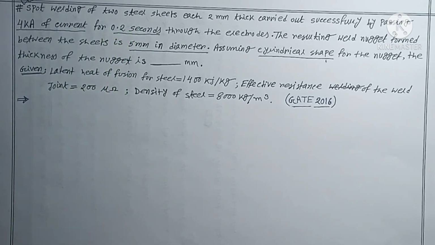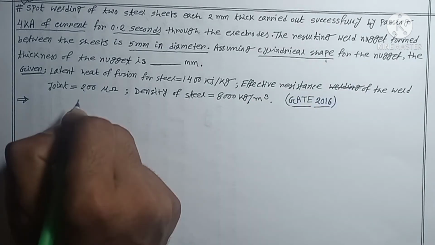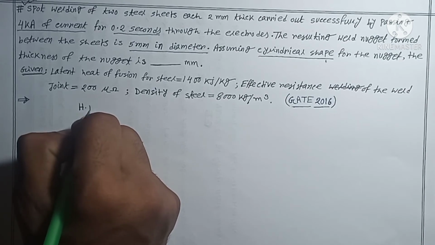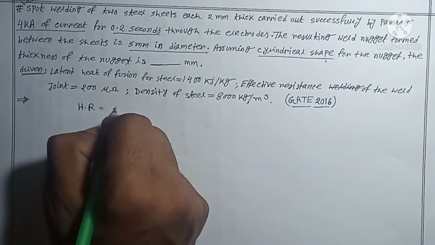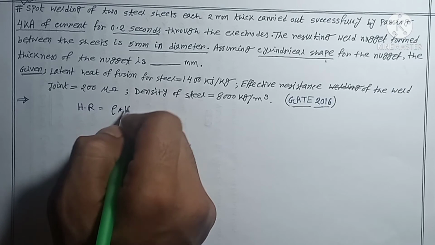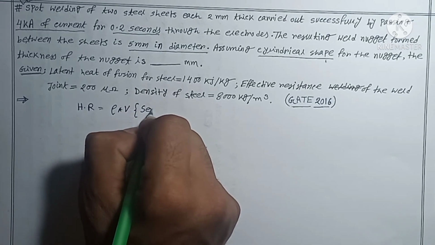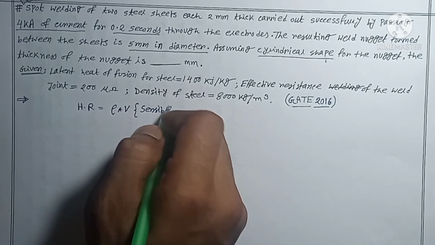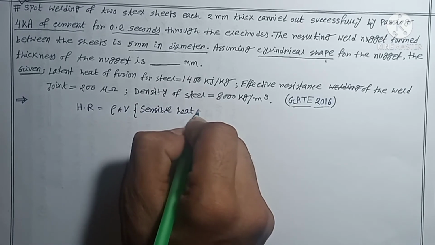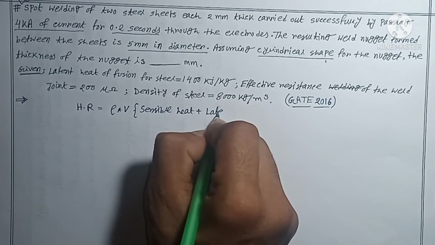So from here we can find out the heat generation. If you remember, the heat requirement you can find as density into volume into sensible heat, am I right, plus latent heat.